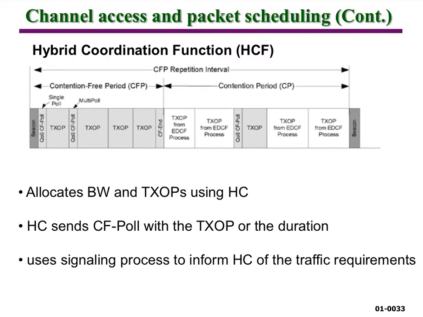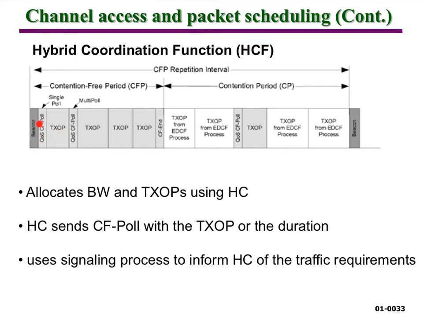This HC, the coordinator, will send a contention-free poll message. In this poll message, it announces the node that should send. When I send a poll, I give this node what we call a traffic opportunity. Okay?